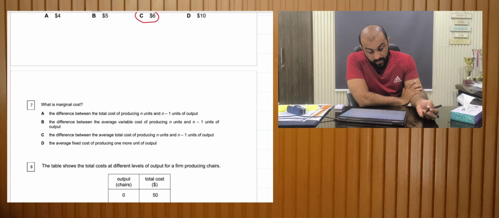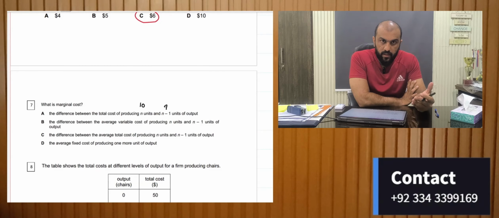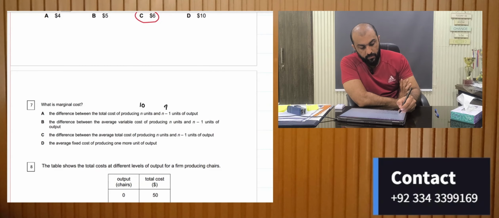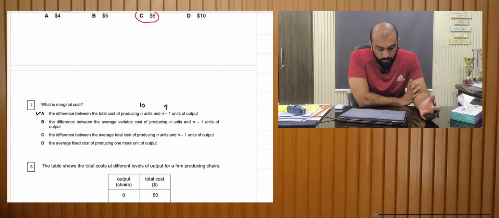Well, this is the answer because let's say if the total cost of producing n is 10, let's say the total cost of producing the 10 units is 100 and n minus 1 means 9. So the difference between their cost gives me the cost of one additional unit. So this is a fancy way of describing marginal cost. Right?